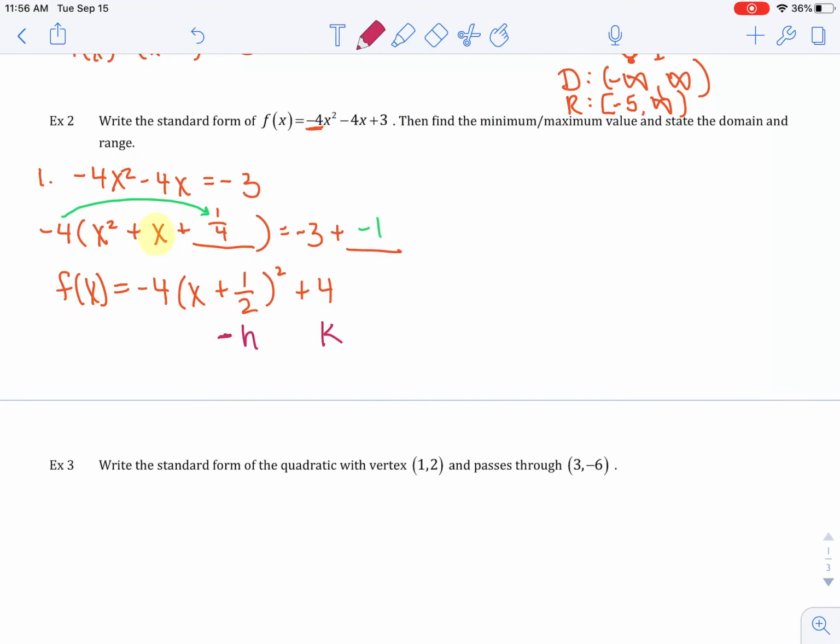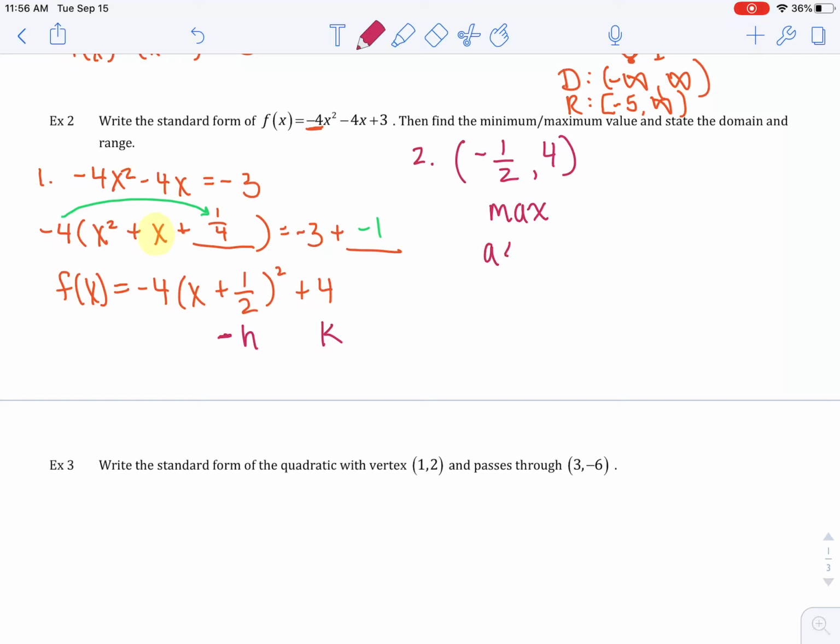Let's go to our next part. We have to find the vertex. So that's why we get in this form. So our vertex is (-1/2, 4). And then I have to figure out, is this a max or a min? This is a max. You should know that because the a term is negative.